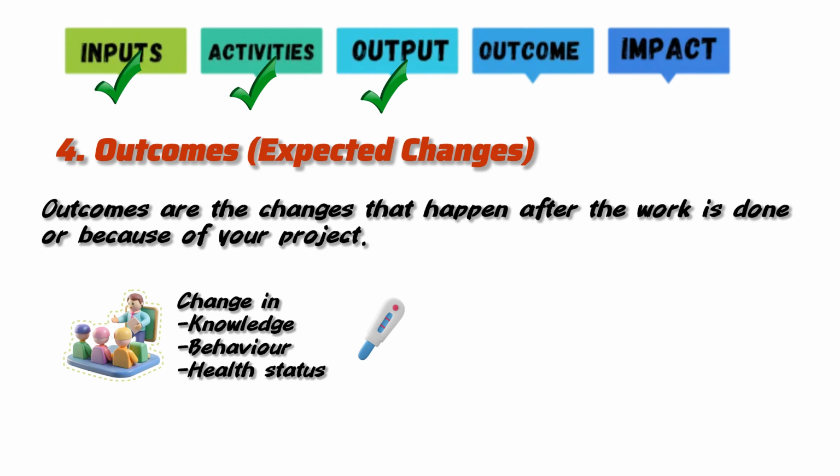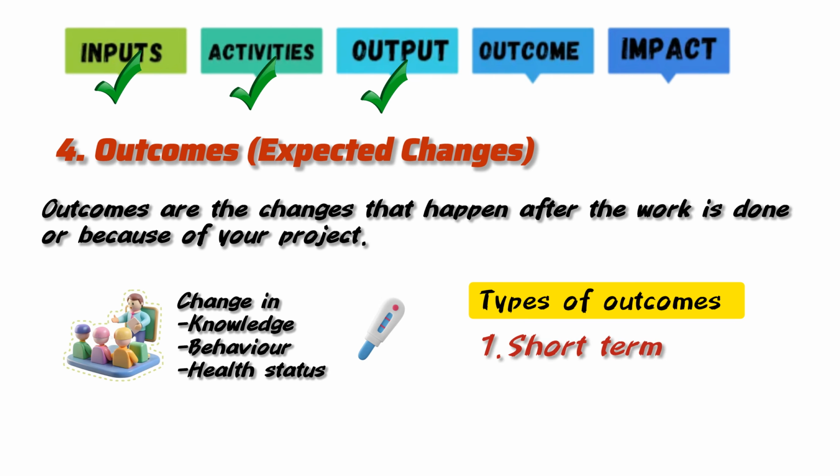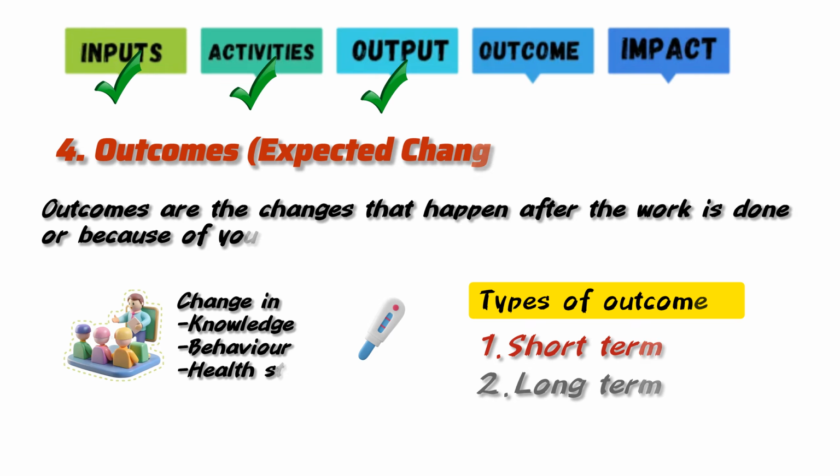Now, there are two types of outcomes. There is a short-term outcome that you will see during the project, and there is a long-term outcome that develops over time. So outcomes are usually measured using percentages or proportions. For example, a 30% increase in the number of women attending antenatal care.